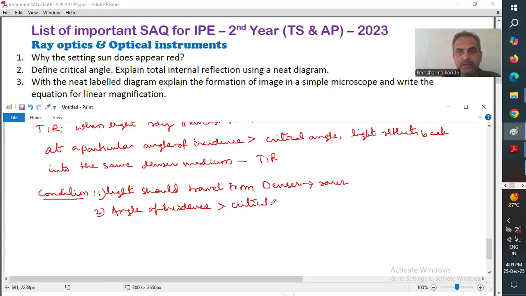If these two conditions are satisfied, TIR may take place.